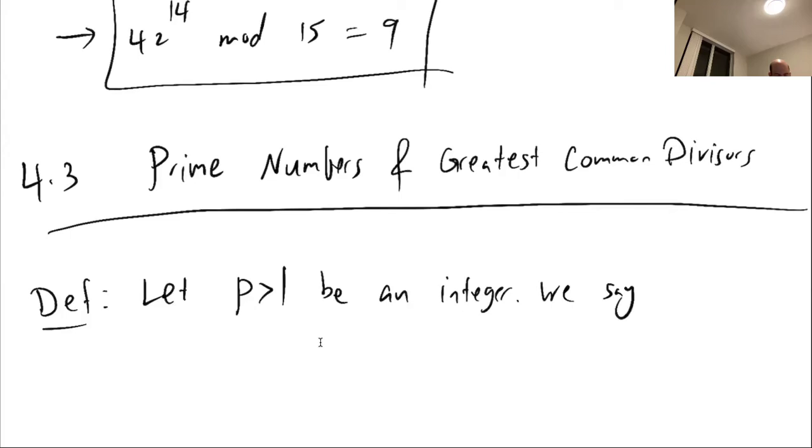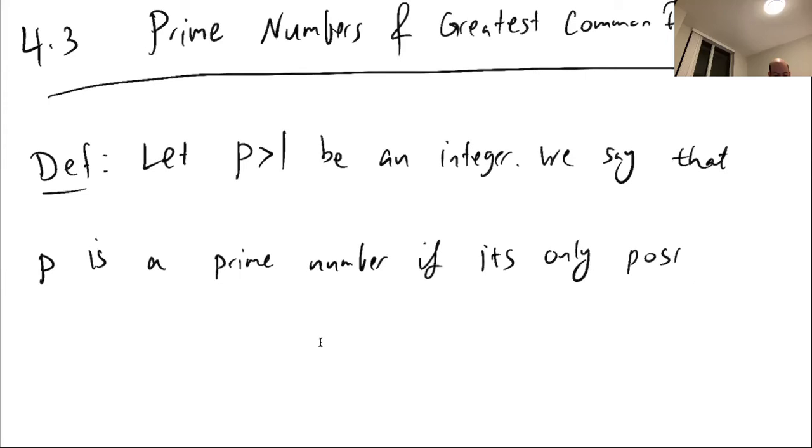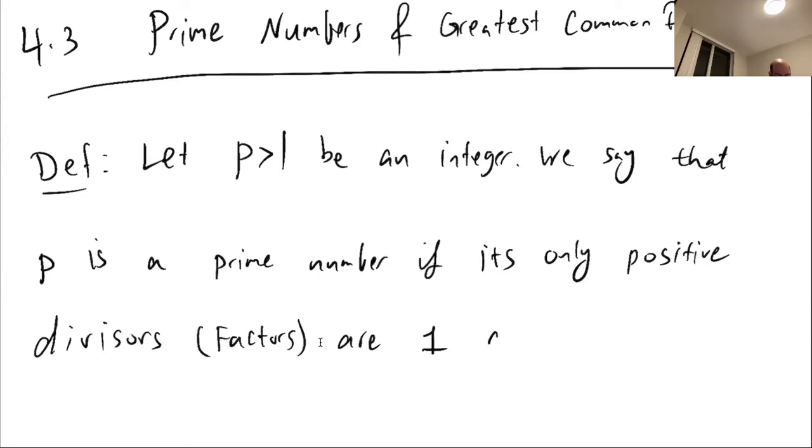We say that p is a prime number if its only positive divisors or factors are 1 and p.